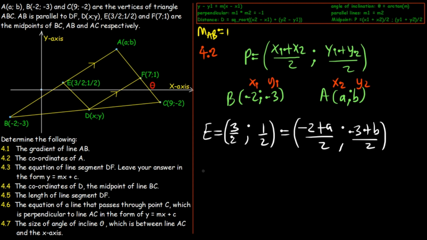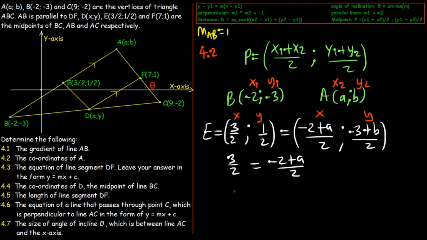Now this first value is our x value, this is our y value. Same applies on the other side. So this value should equate to this value, as well as this value should equate to this value, because they are just equal. We say 3 over 2 is equal to -2 plus A over 2.